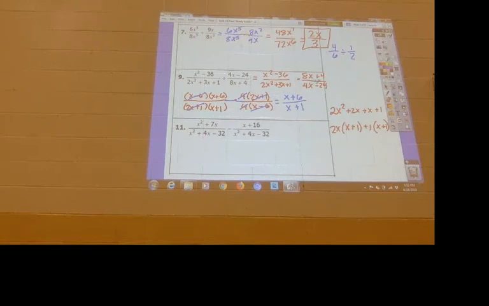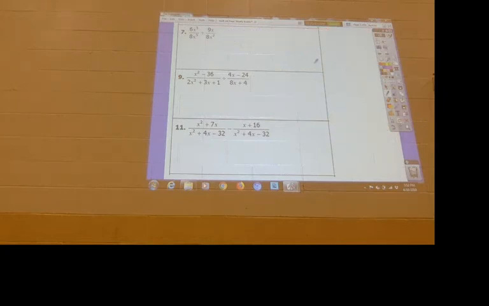All right, number 11. Little different. What operation's being done? Subtraction. Well, if I have fractions, how is the only way I can subtract fractions? You have to have common denominators. So, do I have common denominators? Yes.